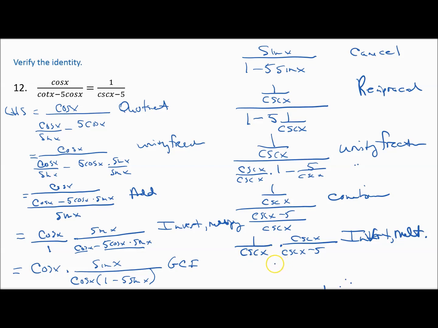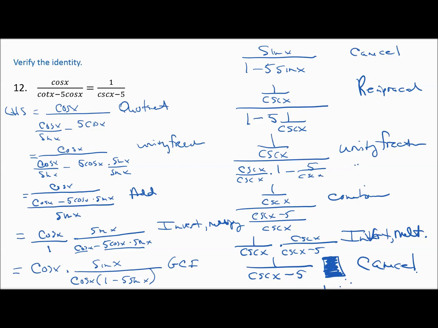Cosecants cancel, so I get 1 over cosecant of x minus 5. And then I'm just relieved. This is when filling in that rectangle is like, whew, thank goodness, almost didn't get there. Cosecants cancel. So that was the line explanation for that.